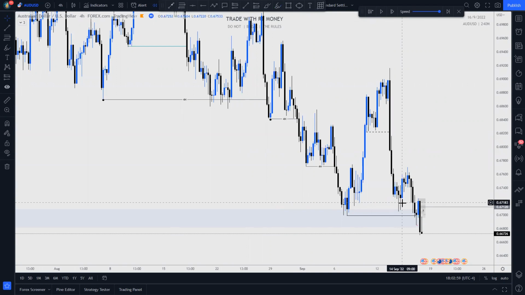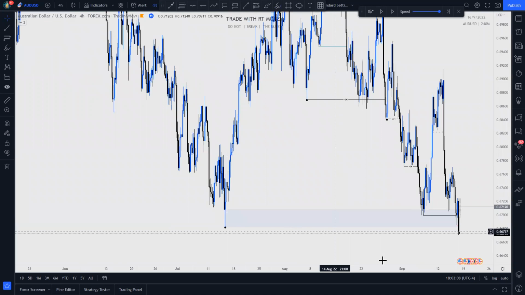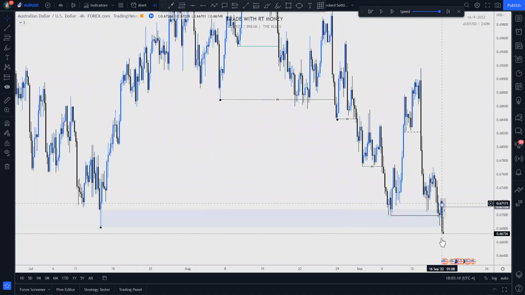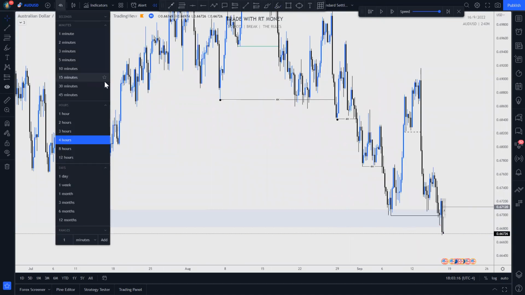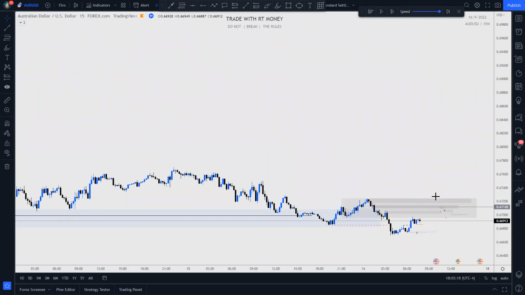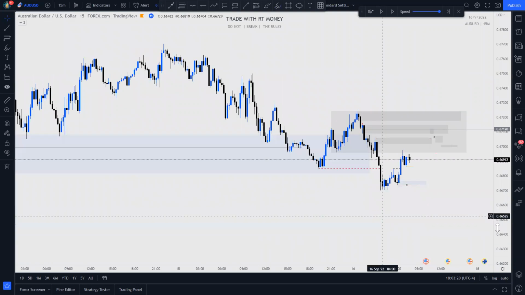That news, or the CPI data, and then we have this breaking down below these lows into this demand zone, which was here, and we kept getting lower and lower into it, and then we finally broke through it. So it's no hard matter to decide what the bias is, right?